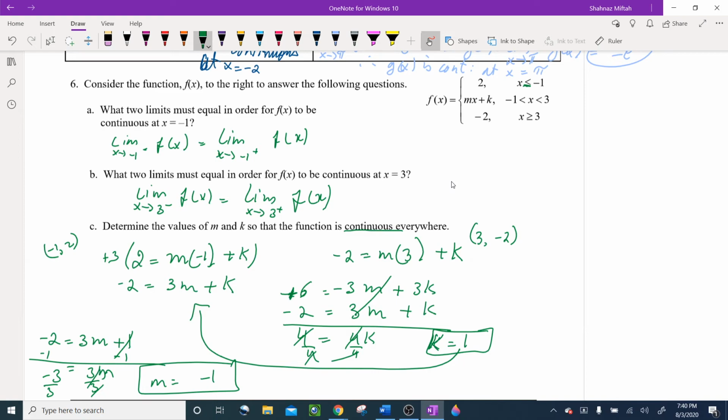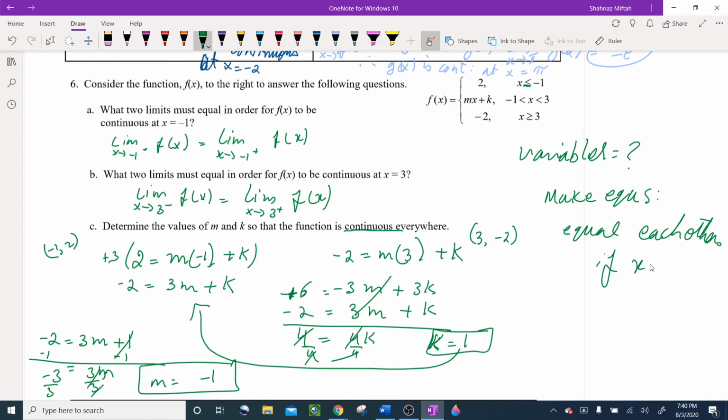You can always remember, when you're looking for the variable in a piecewise function, variables are missing in the piecewise function, then make the equations equal each other, if x is given. If x is not given, I'll show you how to do those later, not now.